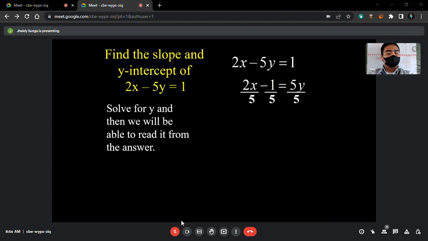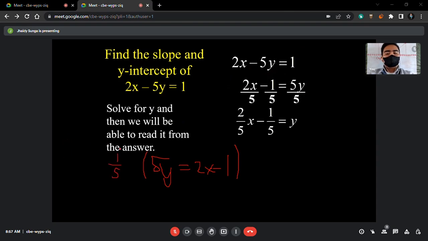Y becomes 2 over 5x minus 1 over 5 is equal to y. Now, this is the explanation, maybe you'll get shocked. From 5y is equal to 2x minus 1, in order for us to diminish this 5, we're going to multiply by 1/5, on both sides, left and right.